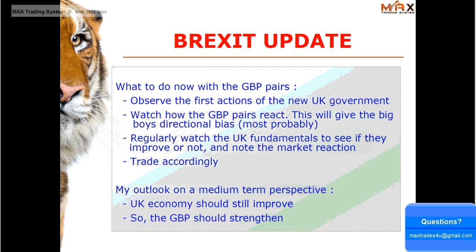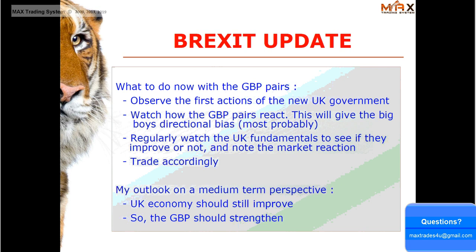On a medium-term time horizon, I will personally watch much more carefully all the UK fundamentals and macroeconomics to see if there is an improvement or not, even at least partially, of the UK economy, and see how the market will react to these fundamentals' evolution.